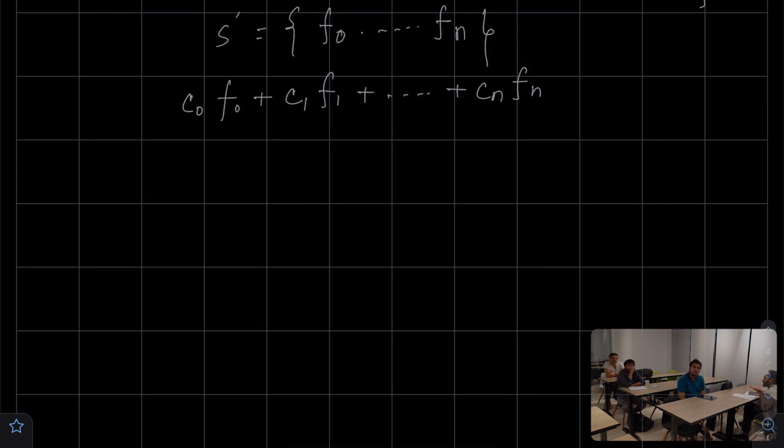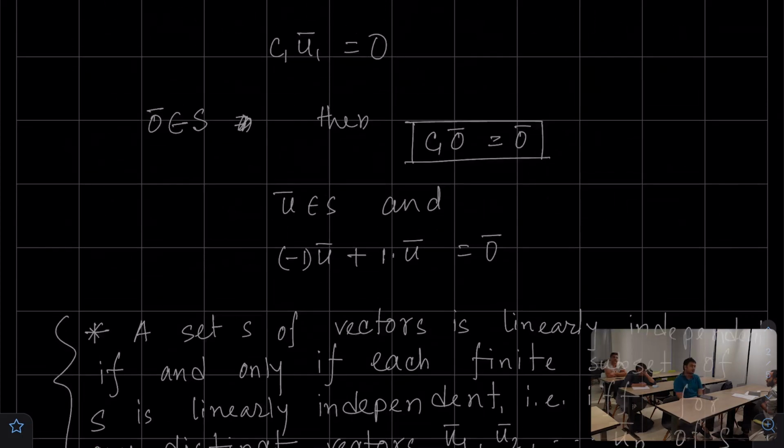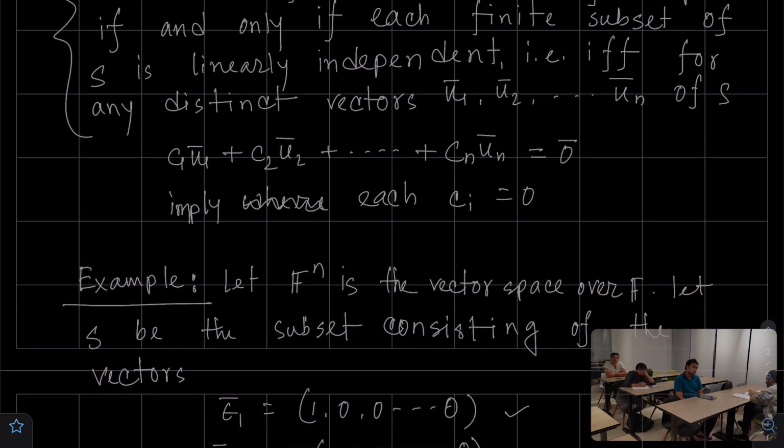Yes, sir. But the theorem says that if I can prove it for every subset, then... can you please go back to the theorem? If and only if each finite subset of this, each.